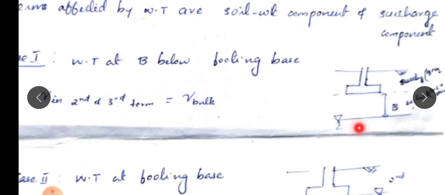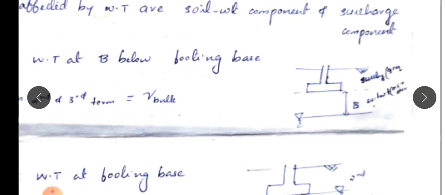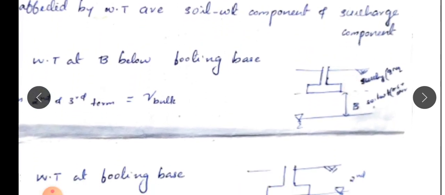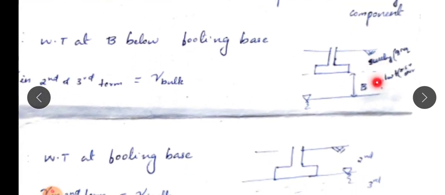That is, the pressure bulb will be for a depth equal to the width of footing B. Below this depth B, the effect will not be there. So we have to consider the effect of stress up to depth B below the footing base. Remember, this is the surcharge component, the second term, and this is the third term.